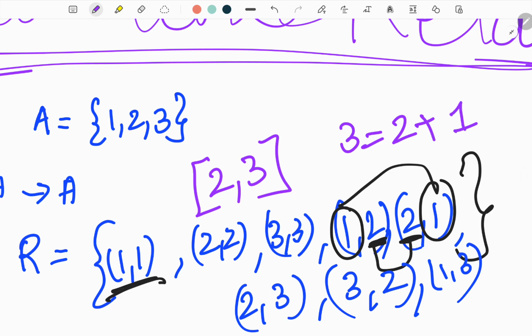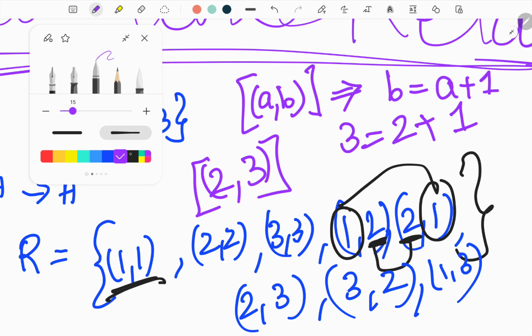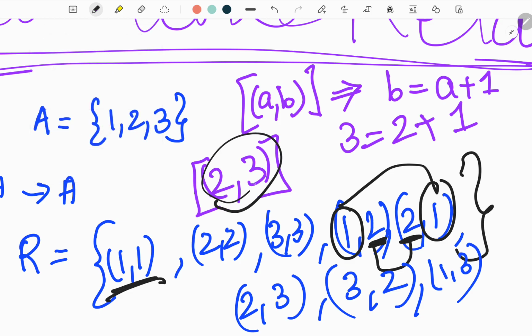So if I am writing it in general terms, the equivalence class of an ordered pair (a,b), then there will be some relation between b and a. So if I'm considering this particular example, then I will write b is equal to a plus 1. This is the condition which the element (2,3) satisfies, isn't it? So now this particular relation b is equal to a plus 1.